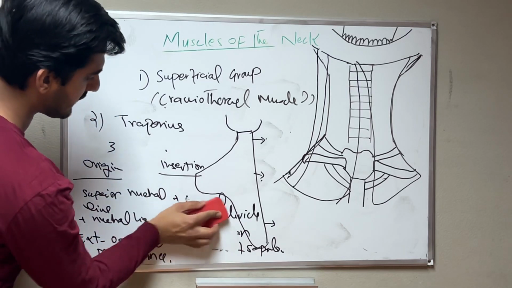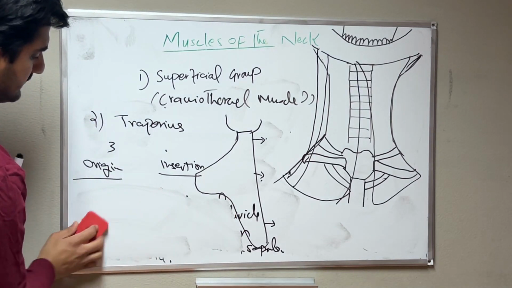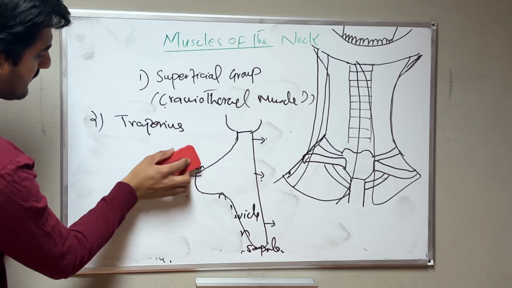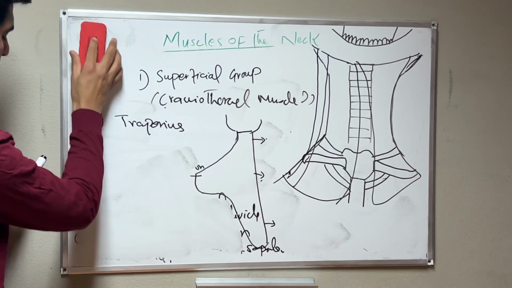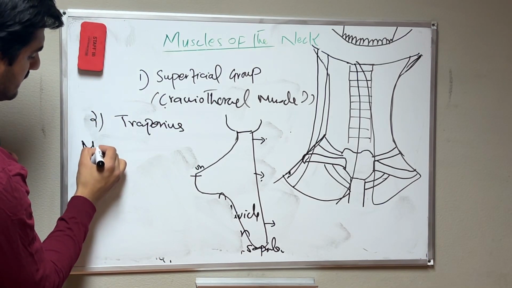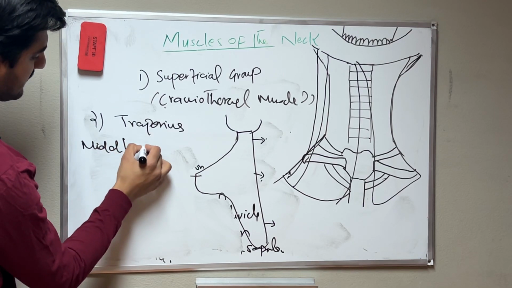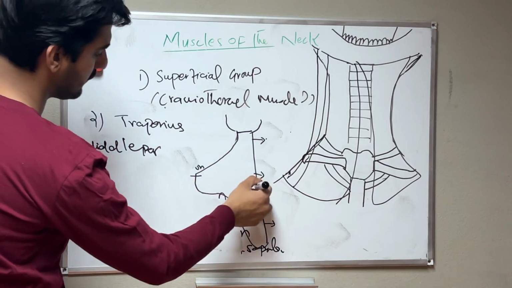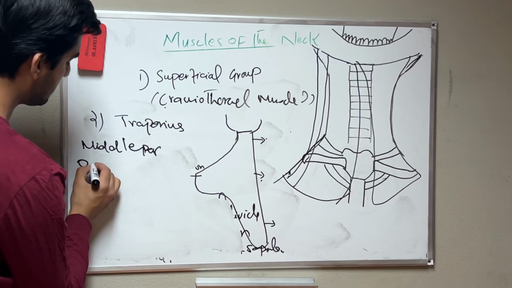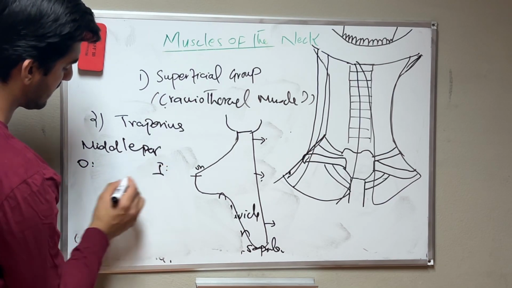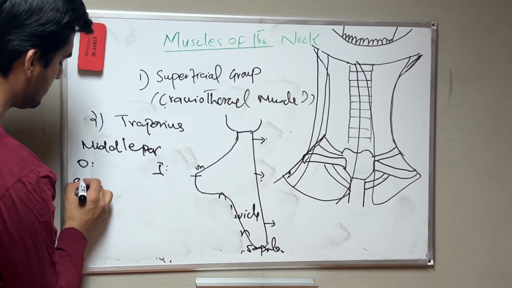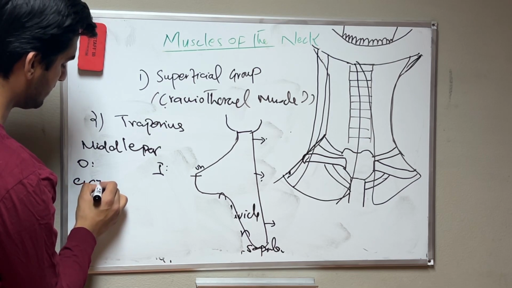Now we will talk about the middle part origination and insertion. Middle part origin and insertion. The superior part is from C1 to C7.